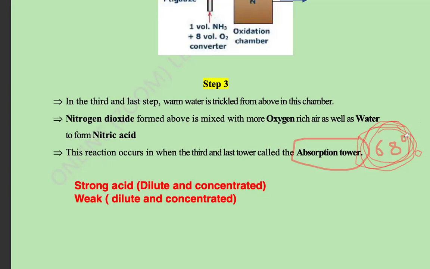The only time we can get above 68% of this acid is when we distill it in the presence of sulfuric acid. What is the reason? Sulfuric acid is a strong acid, and it also acts as a drying agent.